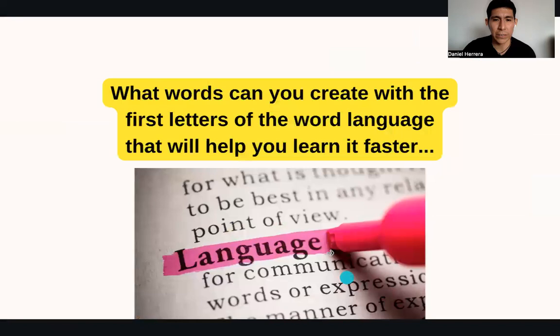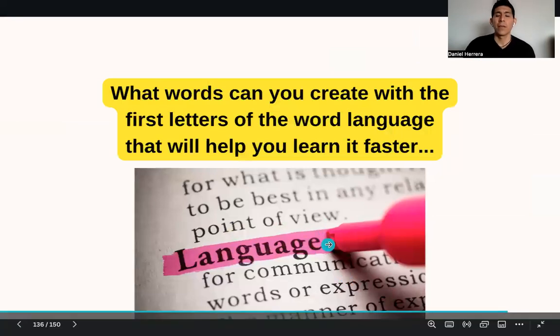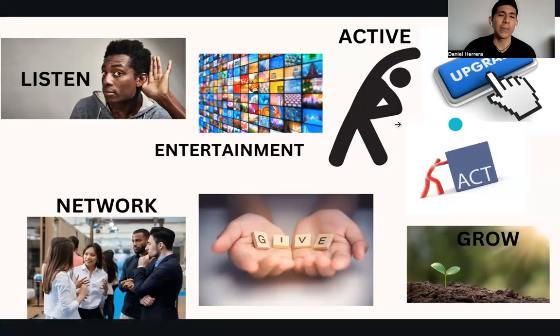And the last one is E. E is for entertainment. Don't forget to have fun. Entertain yourself when doing this language thing. A lot of people are struggling to learn a language and reading and writing and putting a lot of effort and time into it. But they're forgetting that this is only relevant if they are having fun.